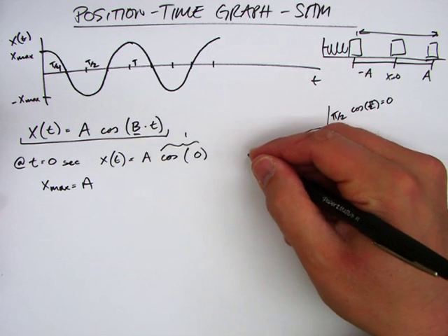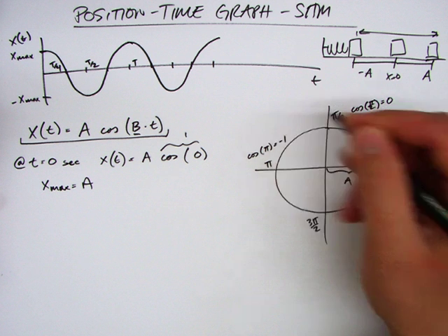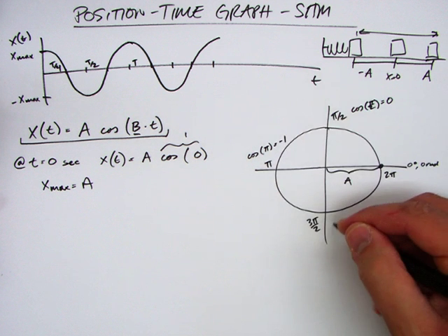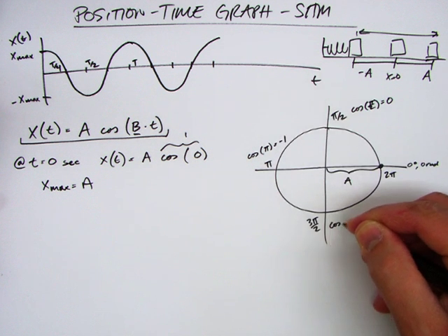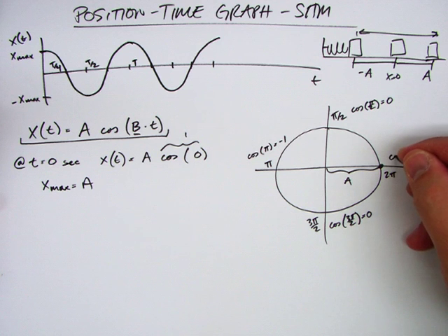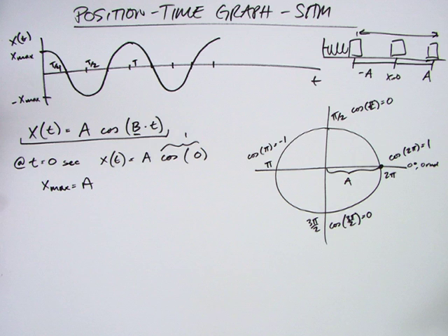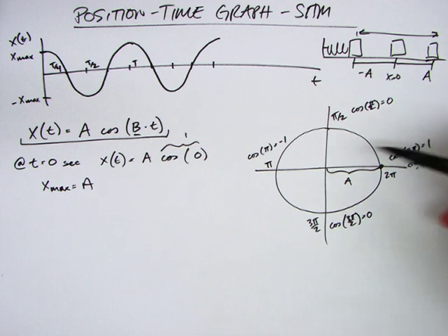At pi, the cosine is negative 1. At 3 pi over 2, the cosine again is 0. And then back to 2 pi, if I've completed one revolution, I'm back to a cosine of 1. So the cosine function changes as I go around through a full cycle.